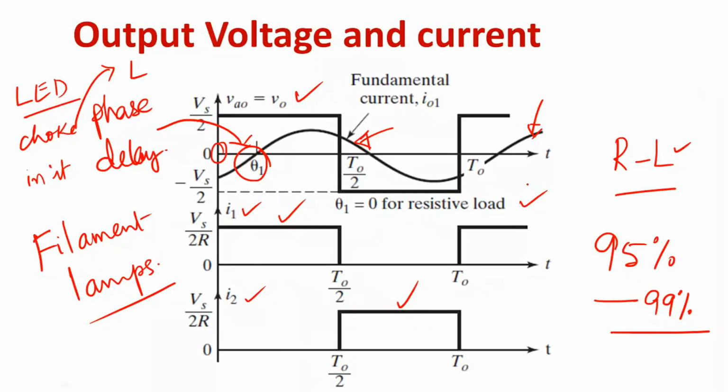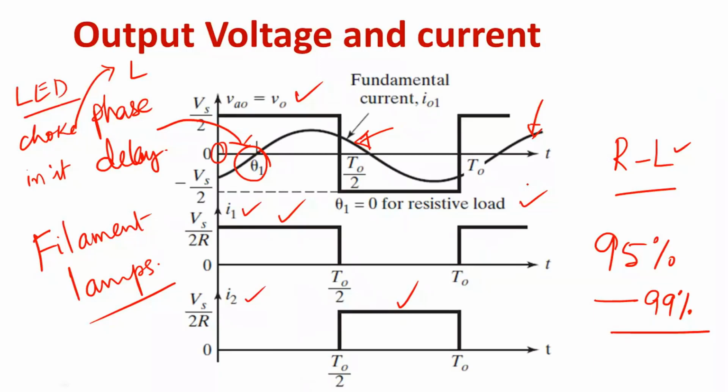When the upper switch is on, the load voltage would be positive. When the lower switch is on, the load voltage will be negative. So the load current I0 is equal to the voltage applied across the load divided by the resistance value.